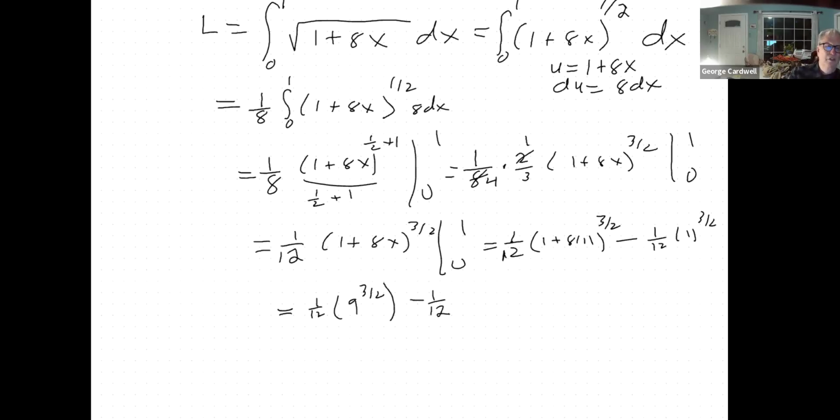So I could factor 1/12 out of here, and that would leave me with 9 to the 3/2 minus 1, which means I have 1/12 times that. What's 9 to the 3/2? Somebody work that out for me.